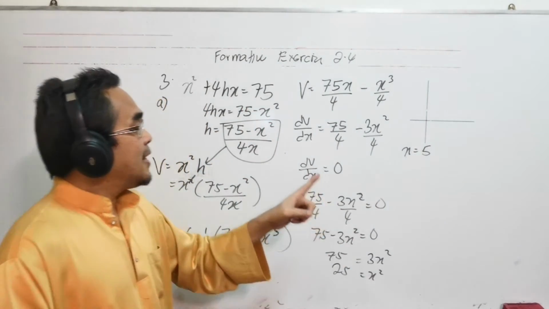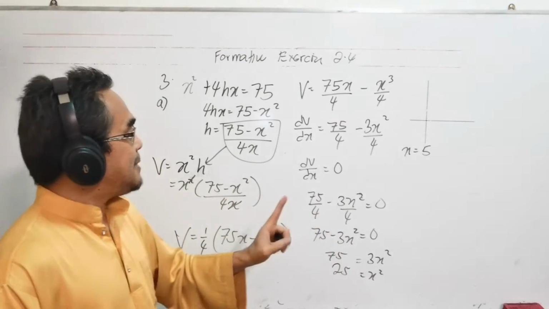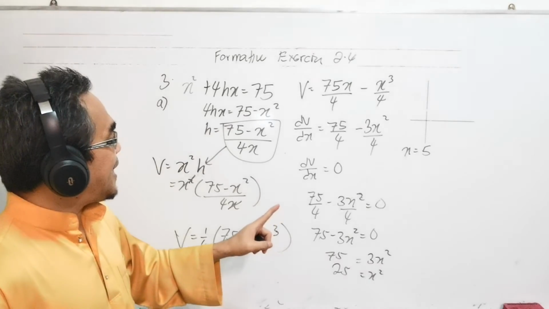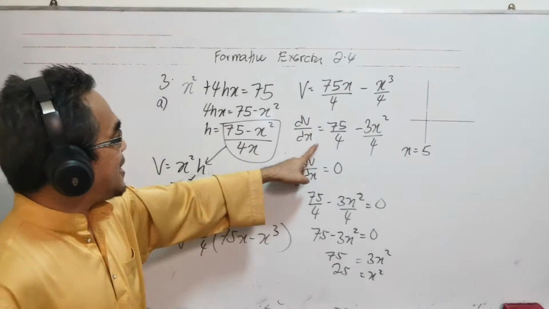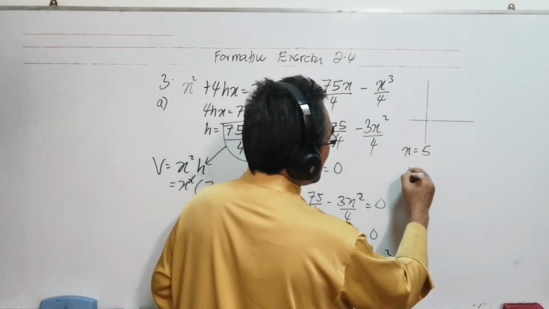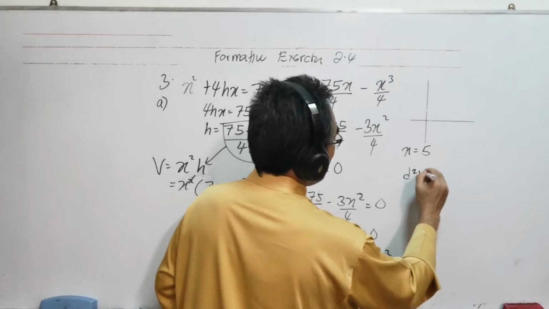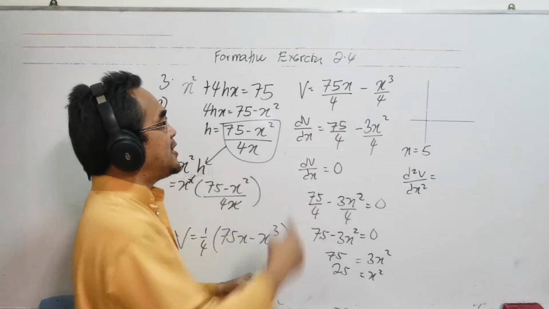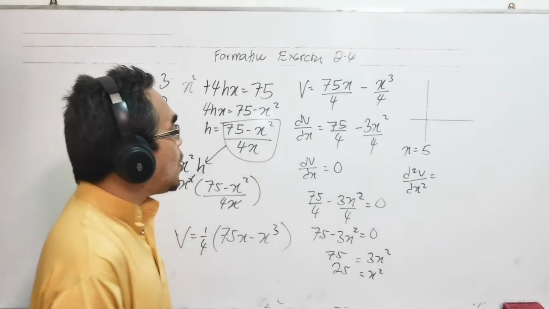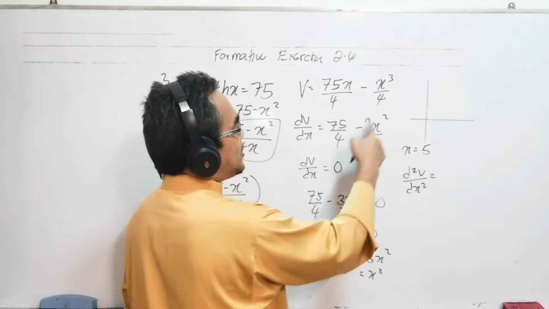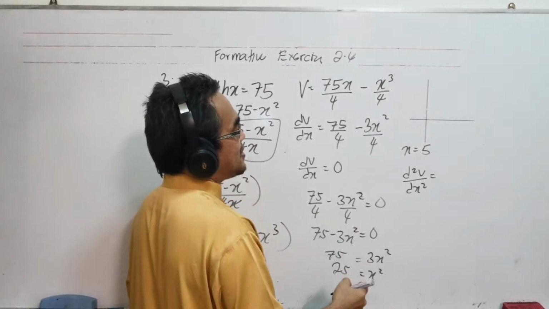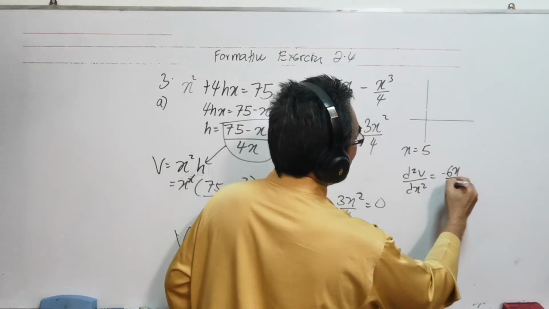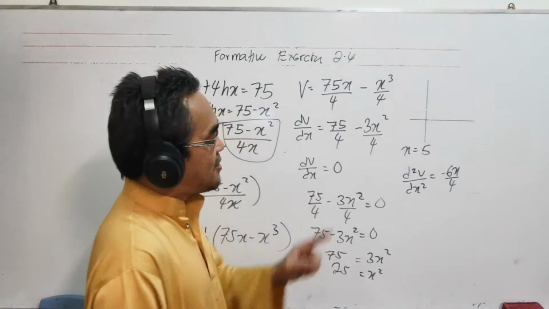that this will be the maximum value when you replace. So what we do, we differentiate again. This is dV/dx. If we differentiate, d squared V over dx squared will be: differentiate 75 over 4 becomes 0, differentiate this, you bring 2 here, you get negative 6x over 4, and replace x as 5.